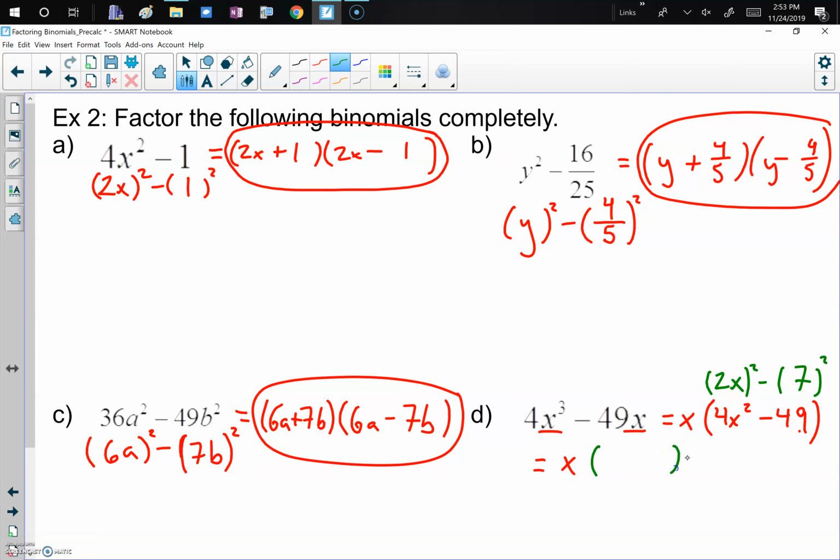So actually hiding in there was my difference of perfect squares. We just didn't see it because we had that extra greatest common factor of x that was being applied originally. So using the same factoring pattern, I know it's going to be 2x and 7, with one factor having a positive and one factor having a negative. So that would be our completely factored binomial.